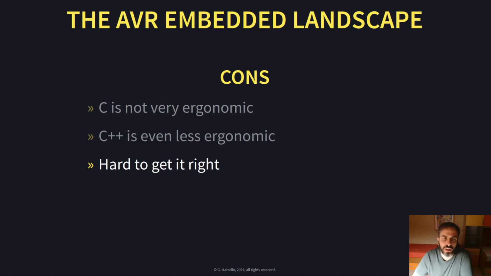And both of them are hard to get right. There are a lot of gotchas and a lot of pitfalls there. And when talking about C specifically, it has quite a weak feature set, which is by design. But especially when you think about something like metaprogramming and compile-time actions, it's really weak.